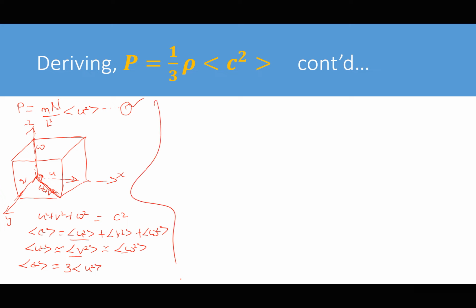So we have seen that average of c squared, which we are going to call the mean square speed of the molecules, is approximately 3 times the mean square speed of the molecules in the x direction only.